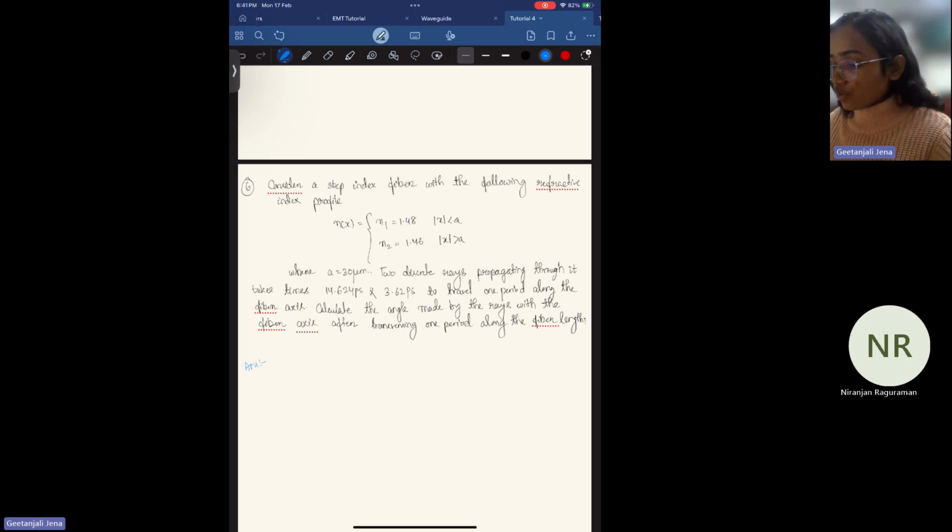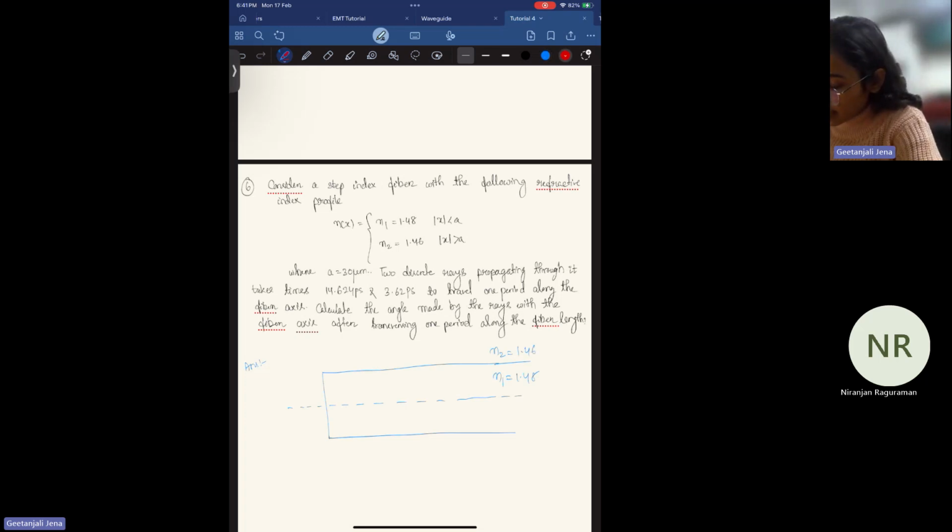Okay. So we have a step index fiber. The refractive index of the core is 1.48 and the refractive index of the cladding is 1.46.